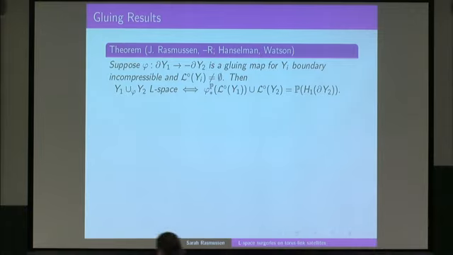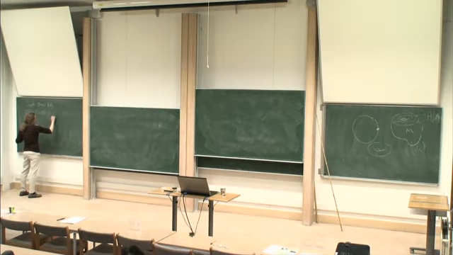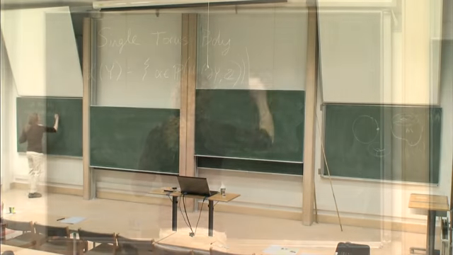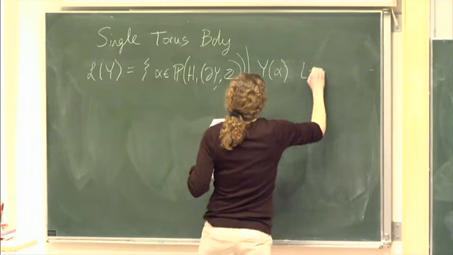So if we've got a single torus boundary, right? We've got our L-space interval, which is the space of L-space Dehn fillings.